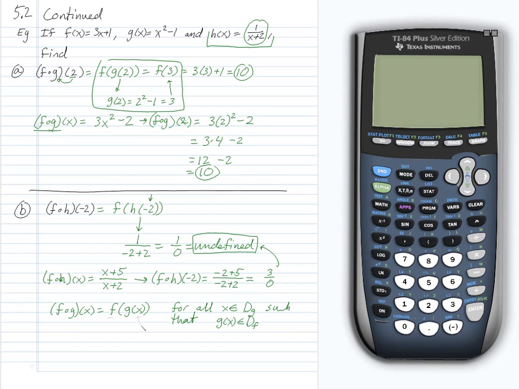In other words, if I plug something in that I'm not allowed to plug into g, we run into trouble, as we saw in this previous example.